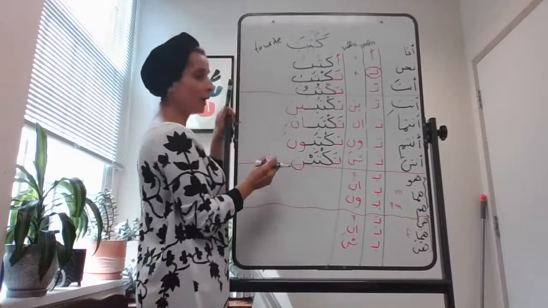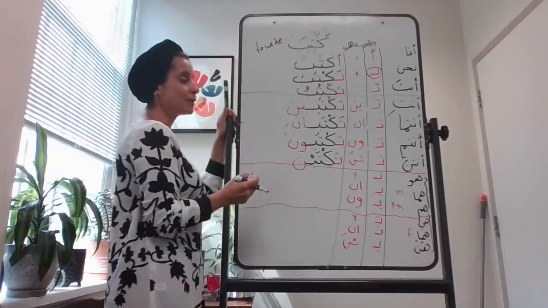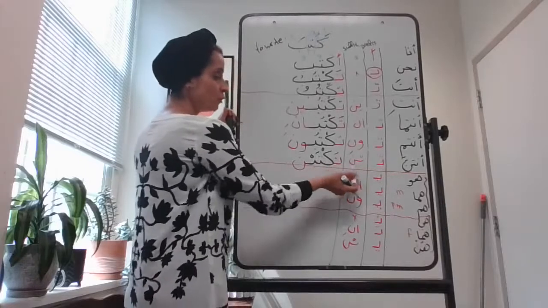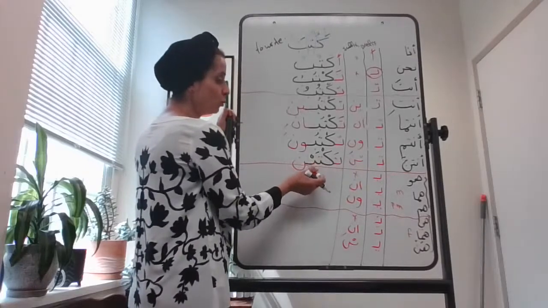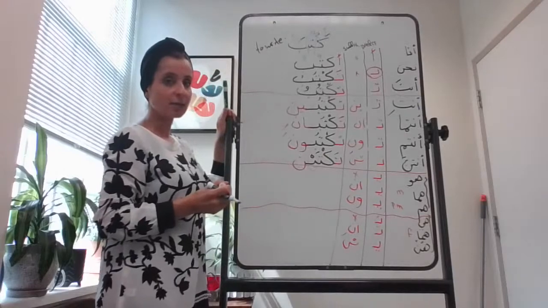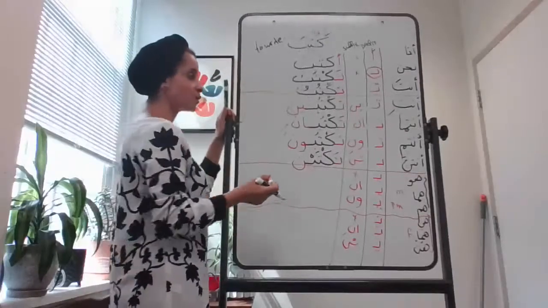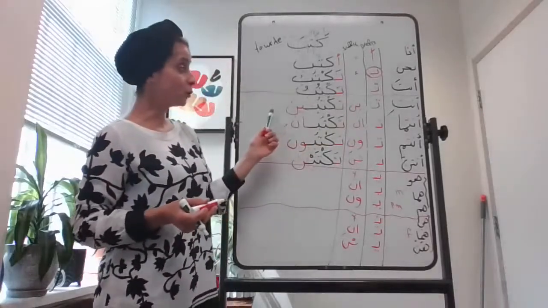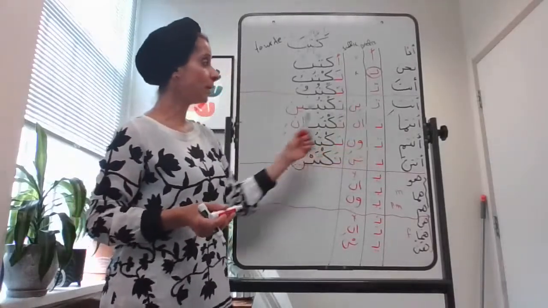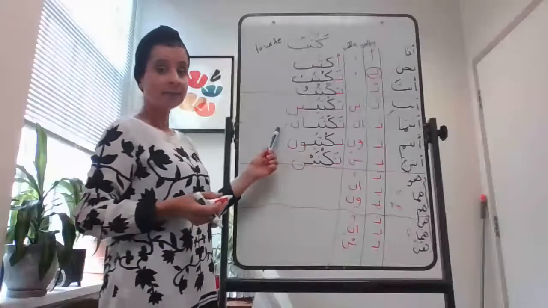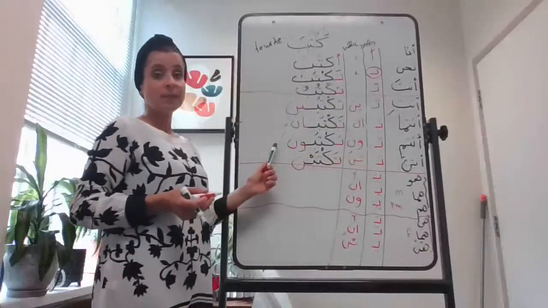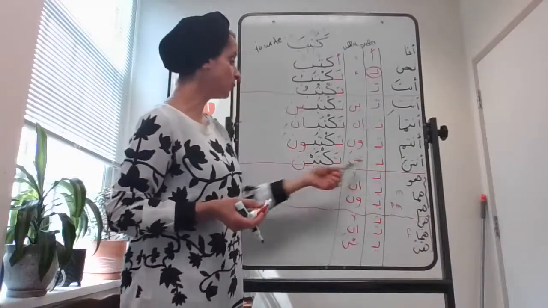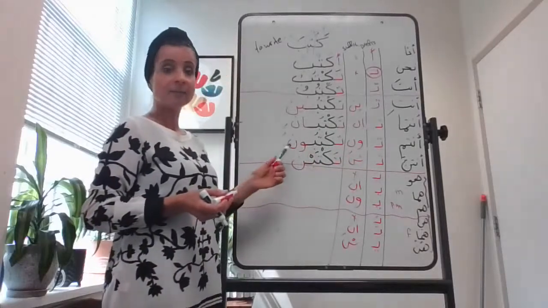Here, whenever you add or attach the verb to أنتن suffix, the noon, you always place sukun on the last root. That comes with it. So أنتن تكتبن, أنت تكتبين, أنتما تكتبان, أنتم تكتبون or تكتبون, أنتن تكتبن.